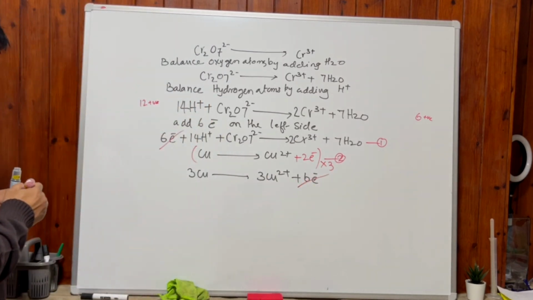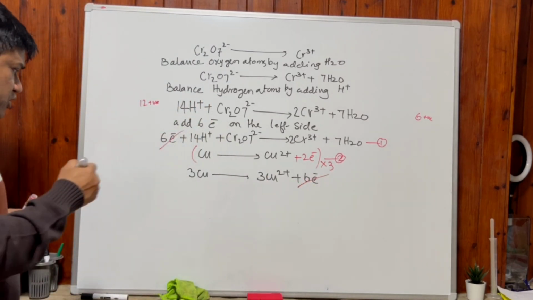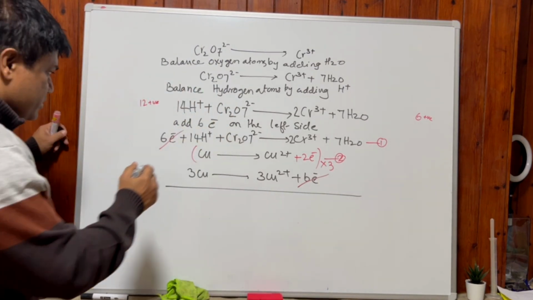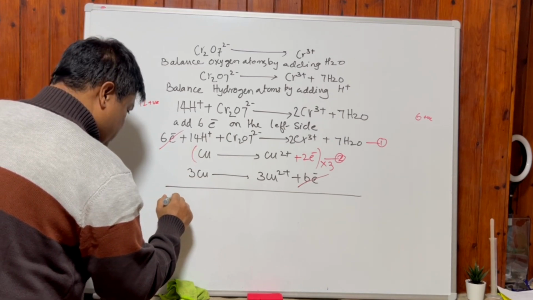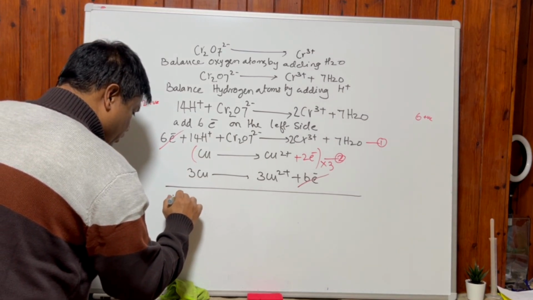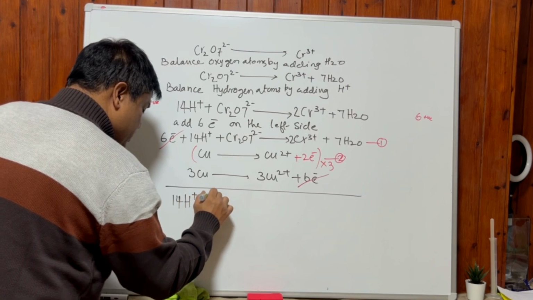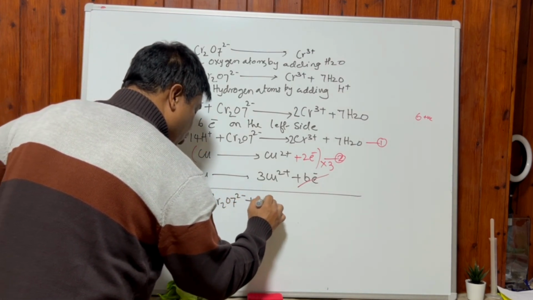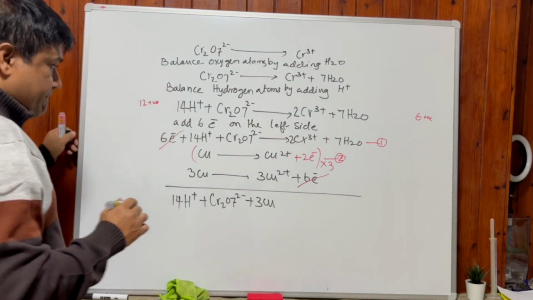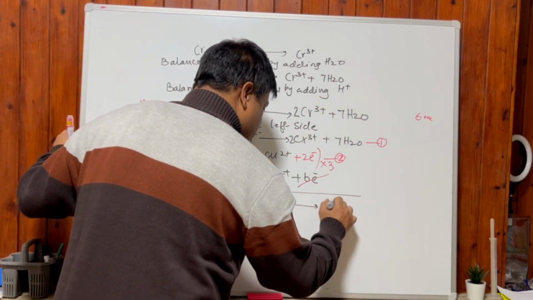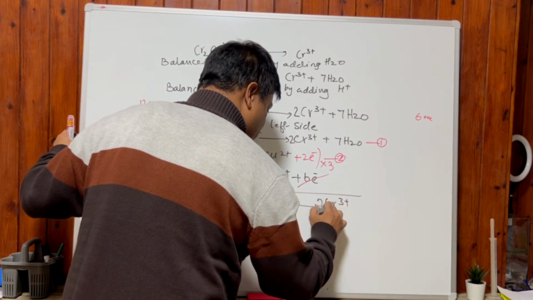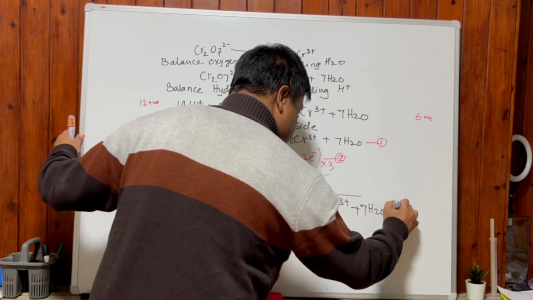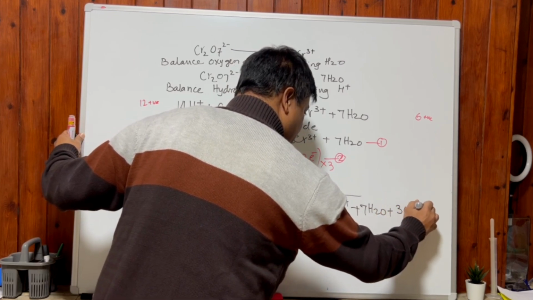Add both equations, reactants on the reactant side, products on the product side. So 14H+ + Cr2O7 2- + 3Cu gives 2Cr3+ + 7H2O + 3Cu2+.